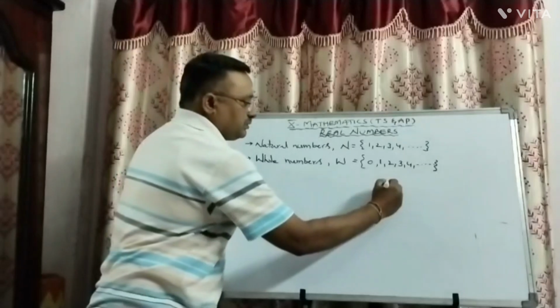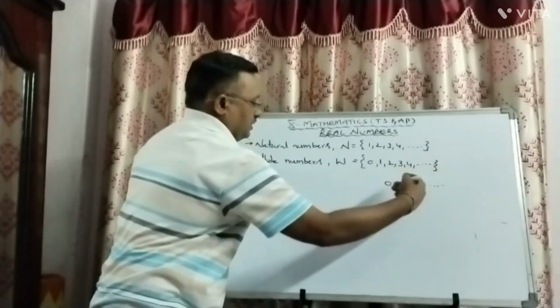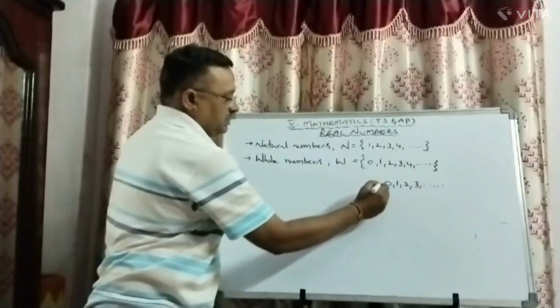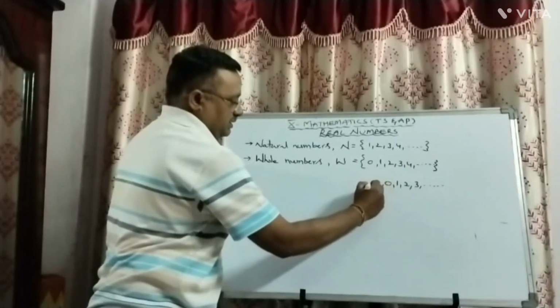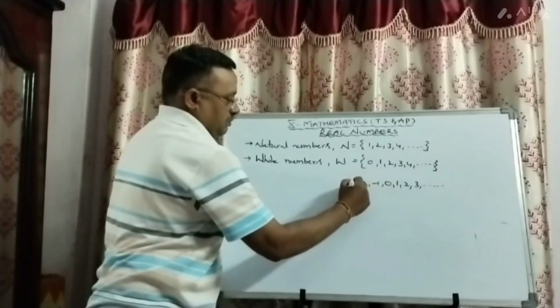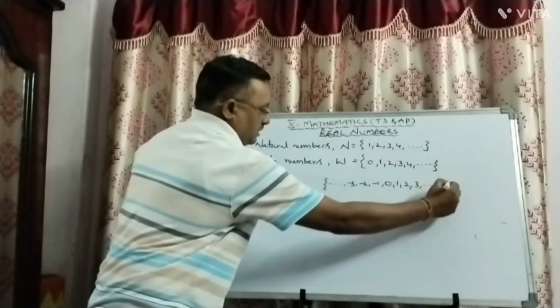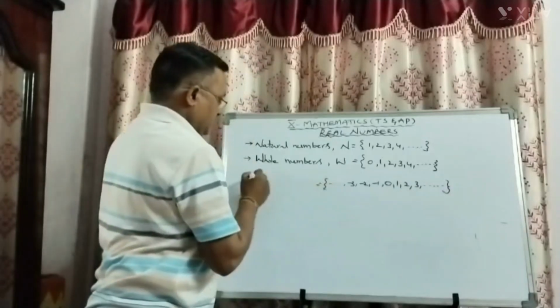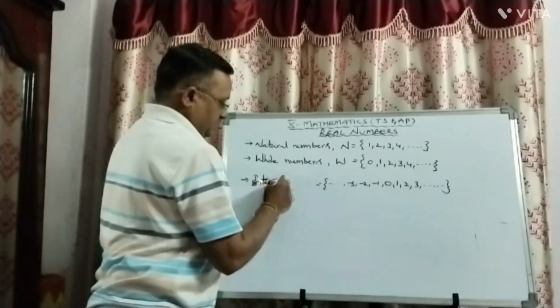To these values 0, 1, 2, 3 and so on up to infinite values, the whole numbers, if you include negative naturals such as -1, -2, -3, and so on, you will get a new set. This set is called integers.